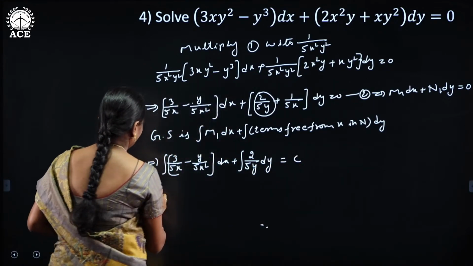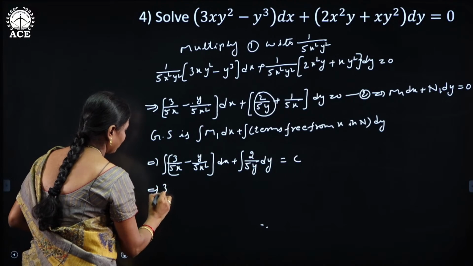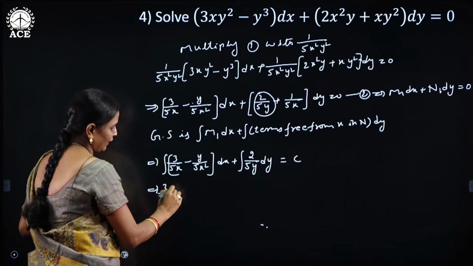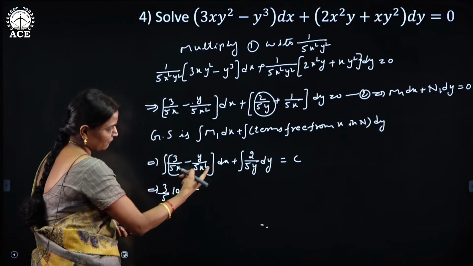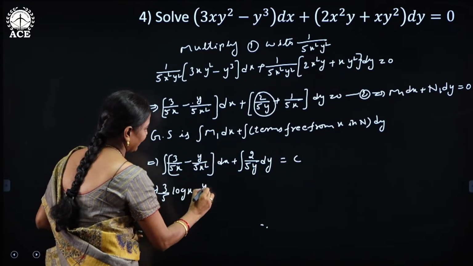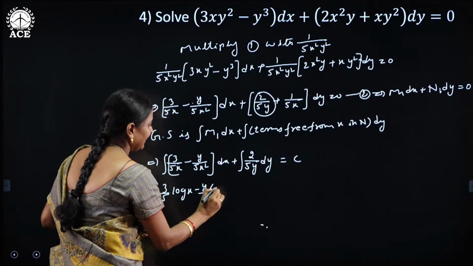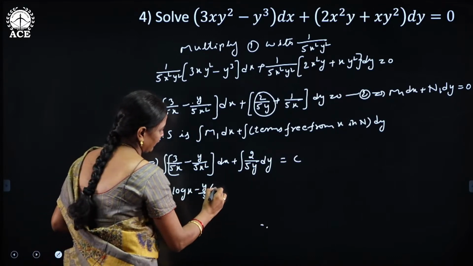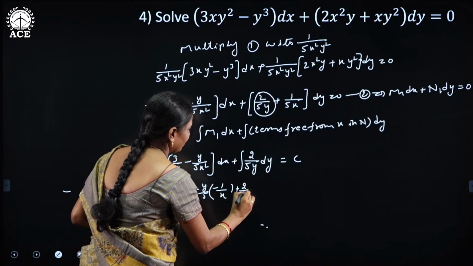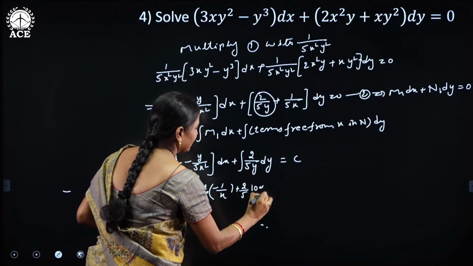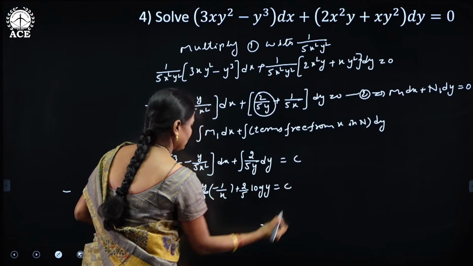Integrate this: 3 by 5 into integration of 1 by x is log x. When we integrate with respect to x, treat y as a constant: y by 5, integration of 1 by x square is minus 1 by x, plus 2 by 5 into integration of 1 by y, log y, is equal to c.